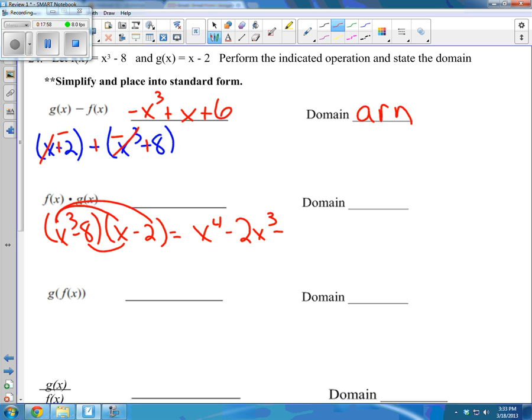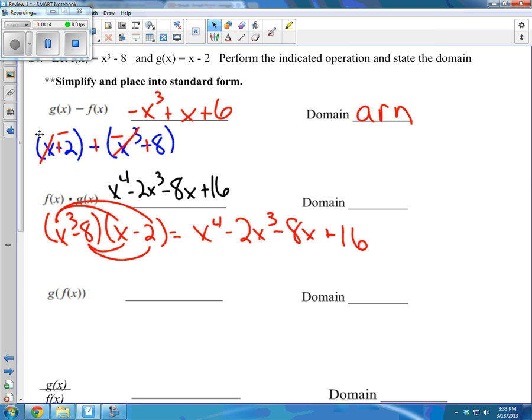And then I'm going to have a negative 8x. And finally, a 16. And there is nothing to combine, so that is my answer in standard form. X to the 4th minus 2x cubed minus 8x plus 16. Again, that question for the domain, x in an even root, x in a denominator, or both, the answer is no, so my domain is all real numbers.